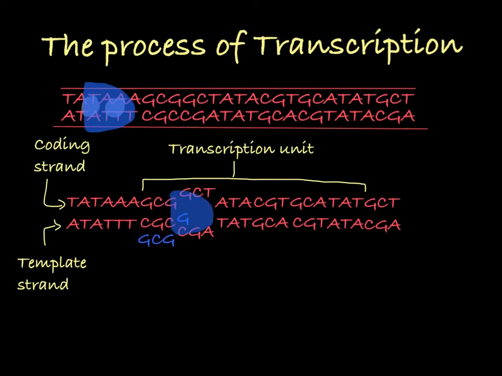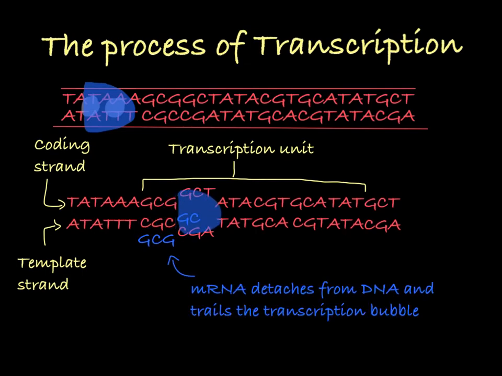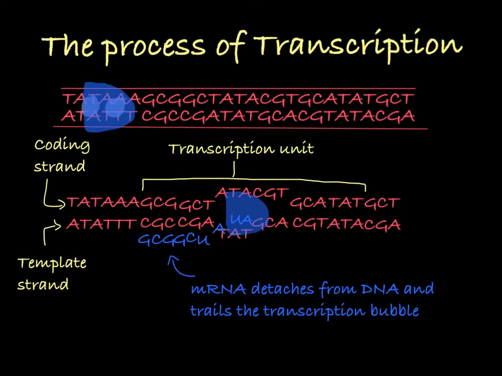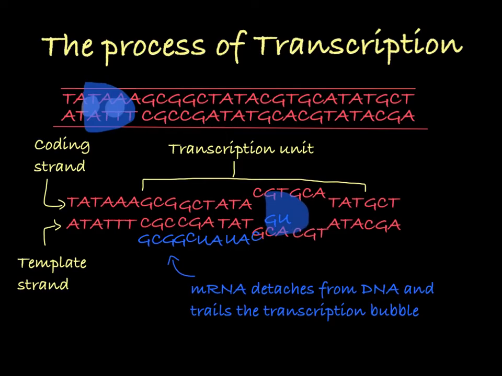As the RNA polymerase moves along the gene, the transcription bubble will remain the same size, meaning that the DNA that has already been built onto will wind back together. For this to happen, the newly built mRNA will begin to detach from the DNA toward the back of the bubble. As the RNA polymerase moves down the gene, an mRNA tail will start to trail the bubble, getting longer and longer as transcription continues.